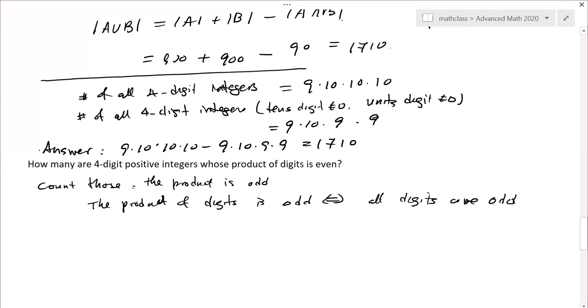That's much easier. If the product of digits is even, then at least one of the digits is even. That's all you need. But which one? How many digits are even? It's hard to control, right?